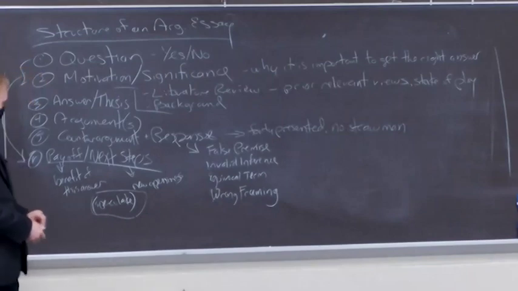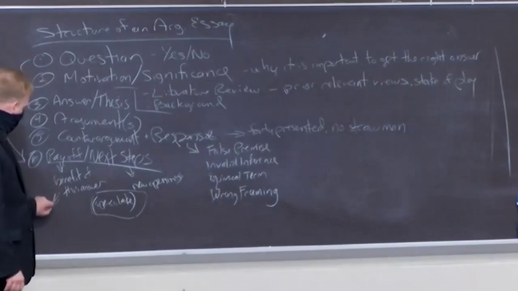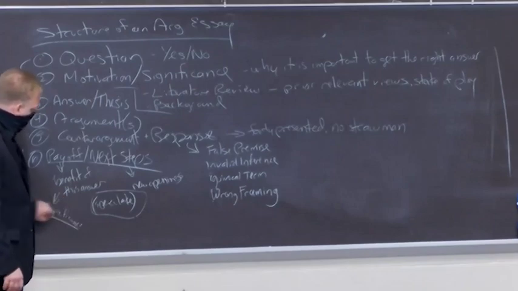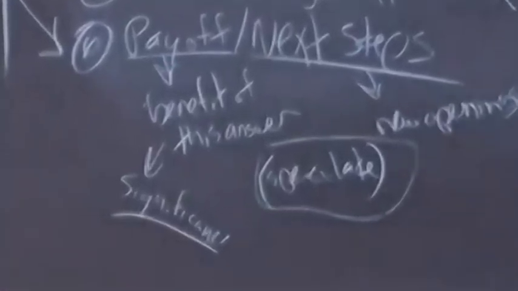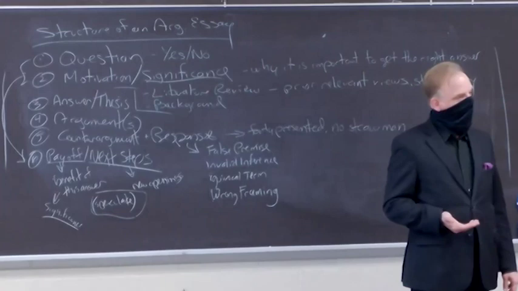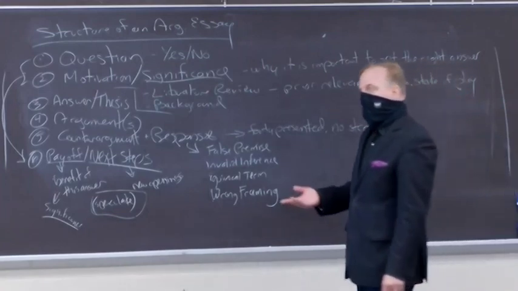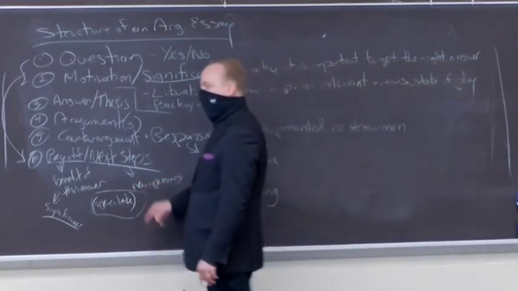I would say the payoff here should reflect what you earlier said is the significance of the question. Having established that this is an important question to answer, you can now say, here is the importance of my answer.